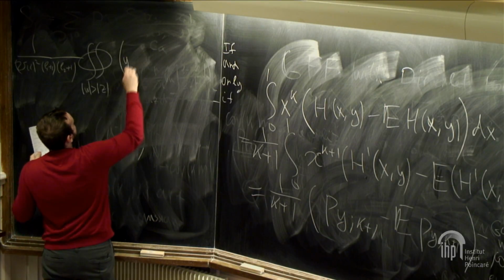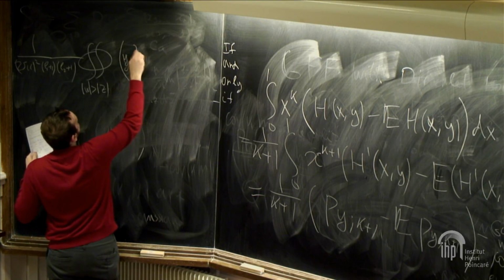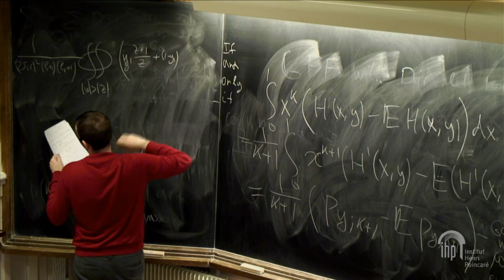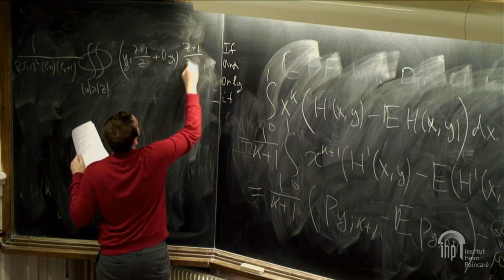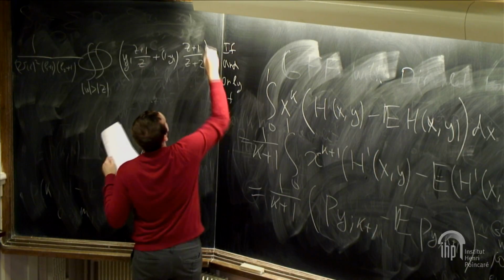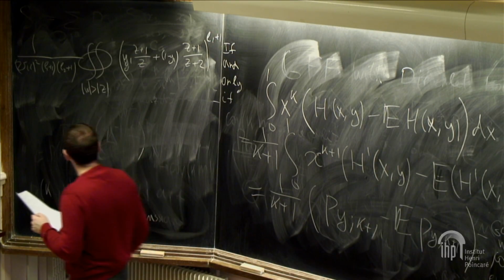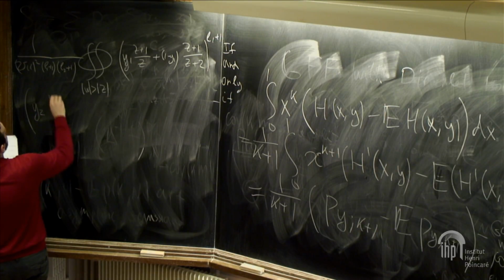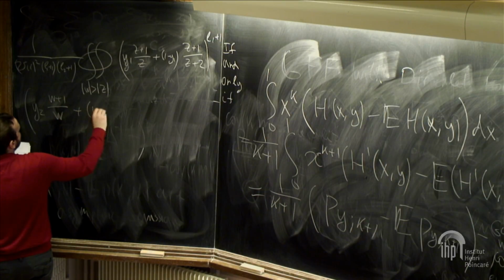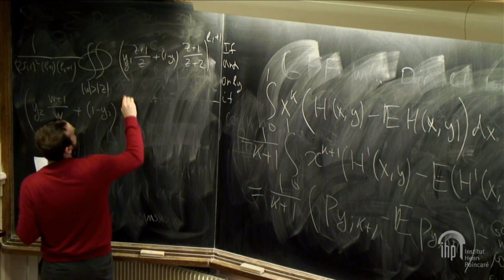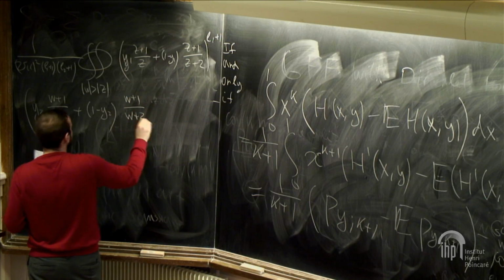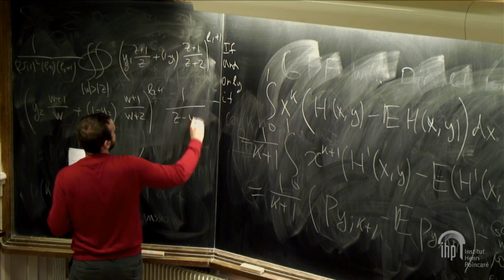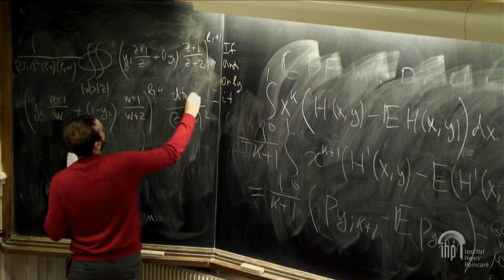That will be y1 (z plus 1) over (z plus 1 minus y1 (z plus 1) over (z plus 2)) raised to the power L1 plus 1, then y2 (w plus 1) over (w plus 1 minus y2 (w plus 1) over (w plus 2)) to the power L2 plus 1, and 1 over (z minus w) squared, dz dw.